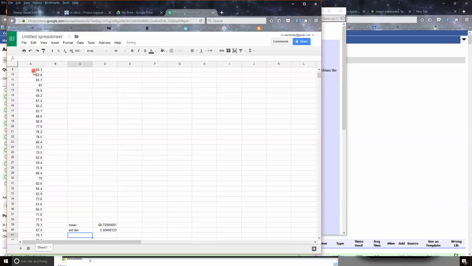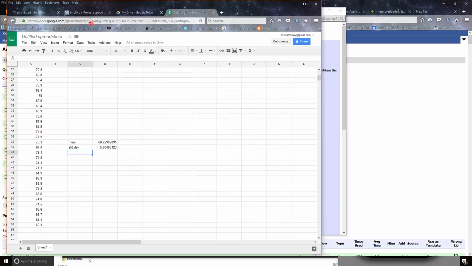Now, because I have short-term memory problems, I'm going to write down that information. I've got a mean of 68.729. I've got a standard deviation of 5.605. Notice I'm rounding a little bit here. And I've got how many pieces of data? 55, I thought. Row 1 down to row 55, so n equals 55.